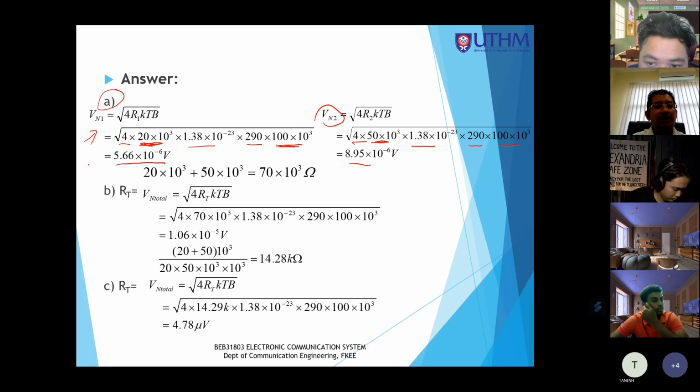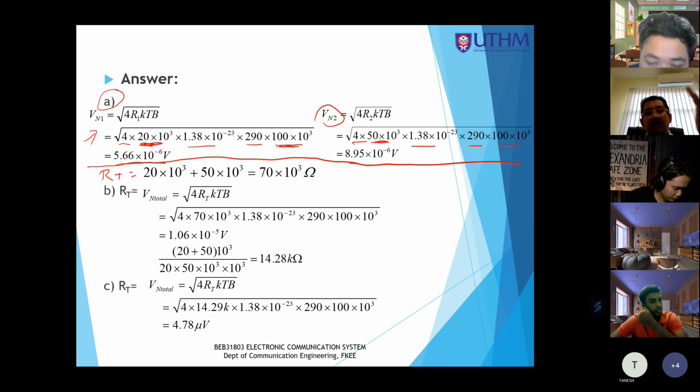Okay, so in order to do this, first of all, we need to find the R total. Ini soalan yang kedua. So we need to find the R total, which is R1 plus R2. So we get 70 kilo ohm total. So kita boleh cari total noise voltage untuk series connection of the resistors. So equal to square root of 4 R total multiplied with KTB.